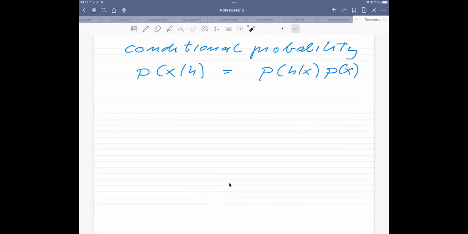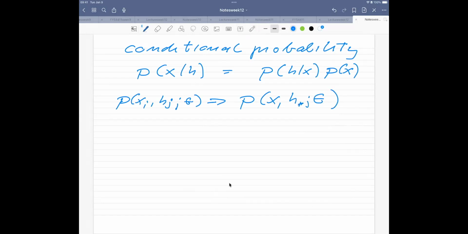Now, what I'm going to do, and I have to be a little bit careful, is replace this p of x_i and h_j as a function of theta with p of x, h and theta.